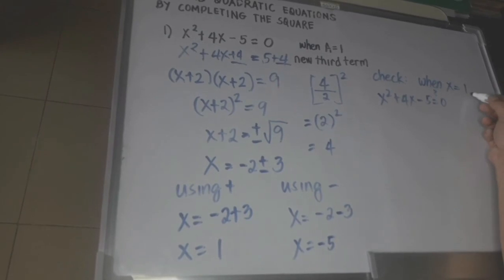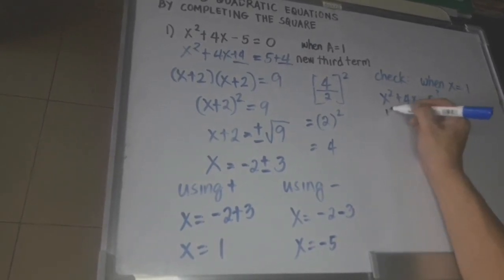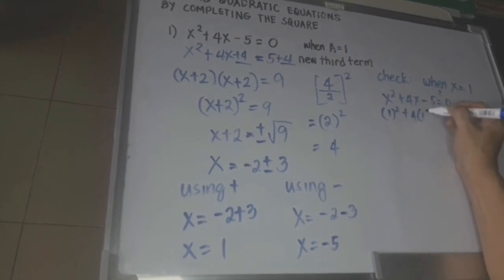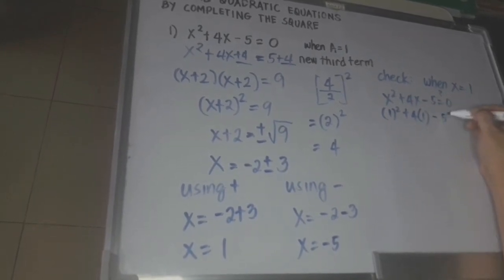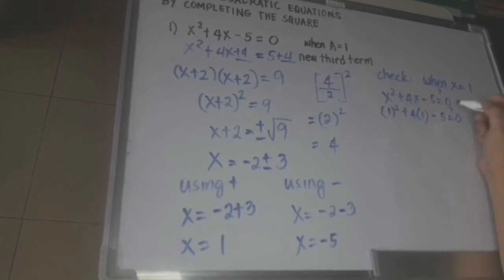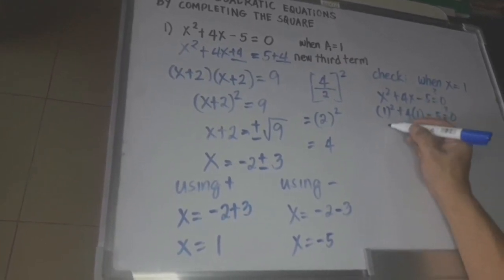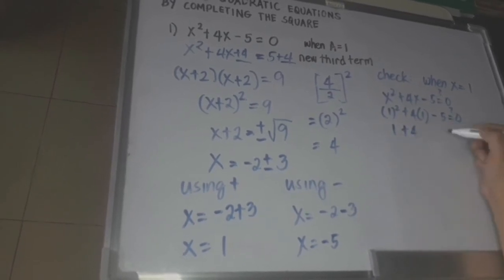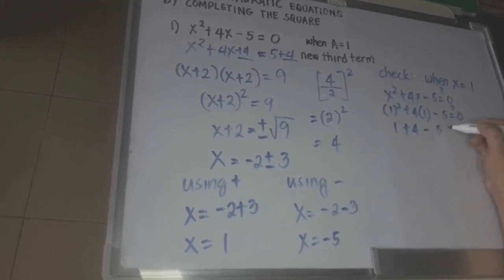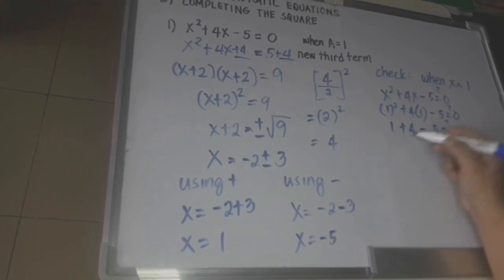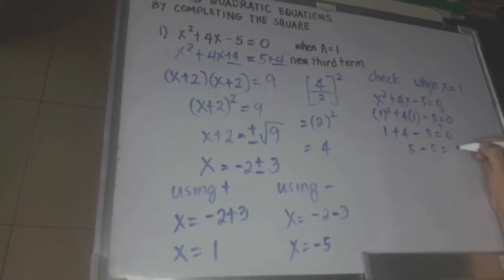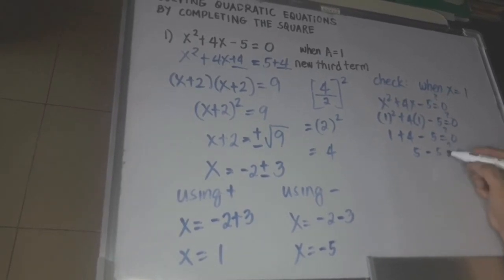Then, substituting the value of x, which is 1: 1 squared plus 4 times 1 minus 5 equals 0. 1 times 1 is 1, 4 times 1 is 4, minus 5 equals 0. 1 plus 4 is 5, minus 5 equals 0. 5 minus 5 is 0, equals 0.